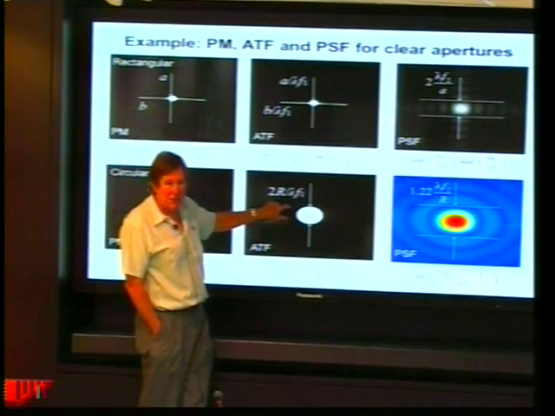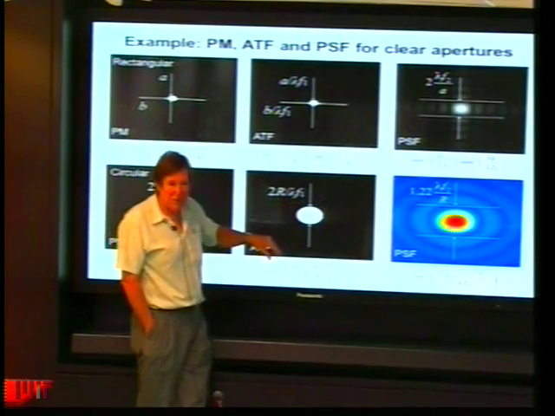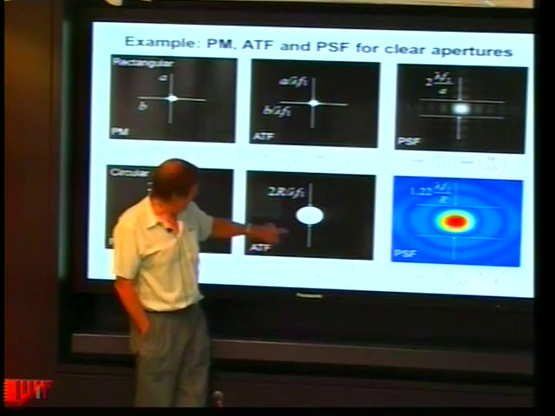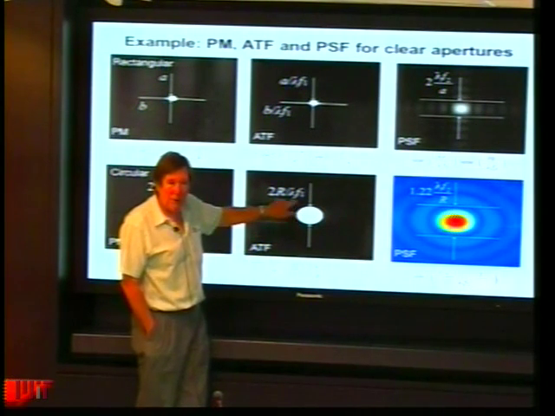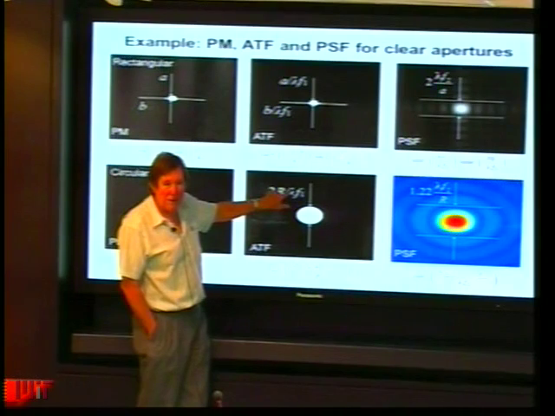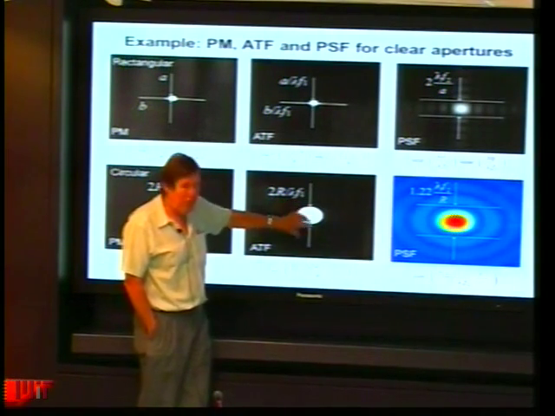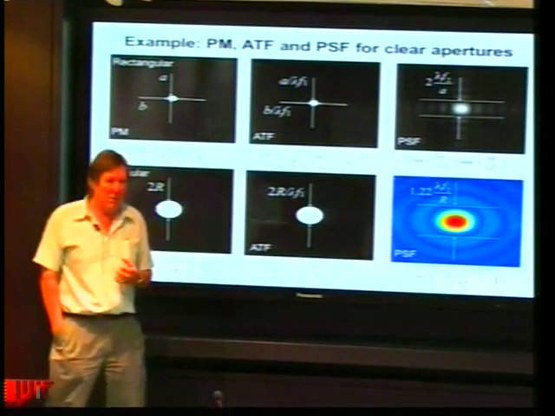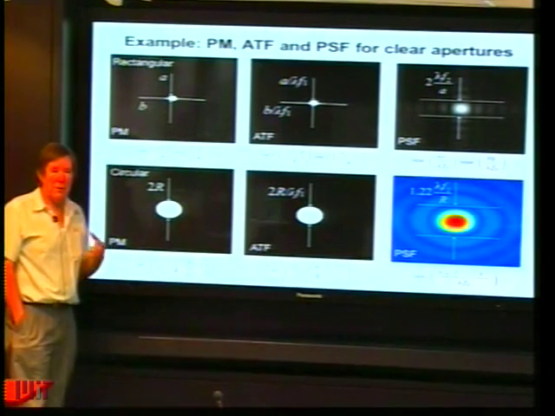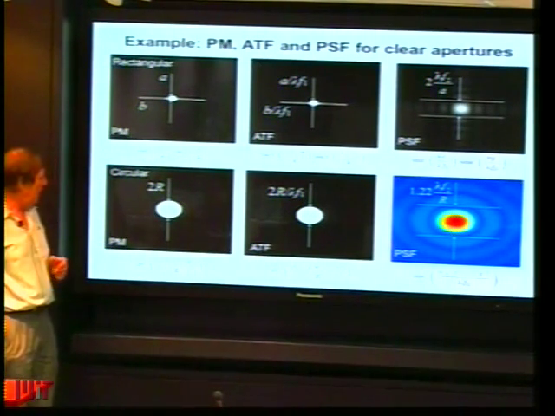That means if spatial frequencies land on this, those inside get through and those outside don't, right? So this is what we have to multiply the frequency response of our object by in order to get the frequency response of the image.